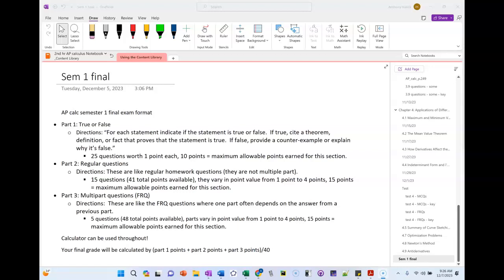If the question says find the critical values, I'd give you a point for getting the derivative correct, probably a point for setting it equal to 0, and a point for solving correctly and getting those values. And then looking at where the derivative is undefined and finding those x's is probably another point. So that's it.